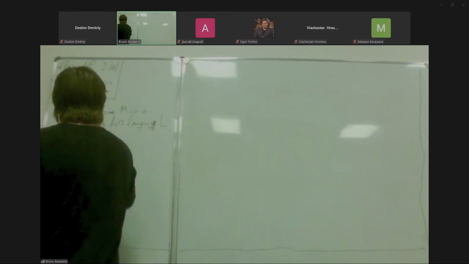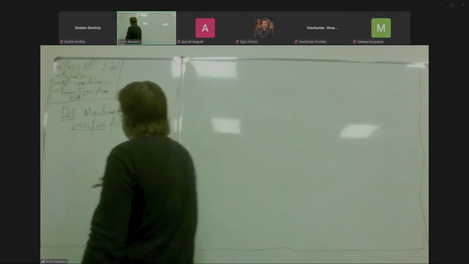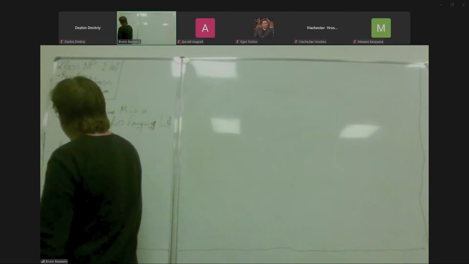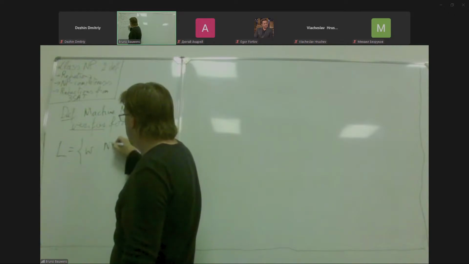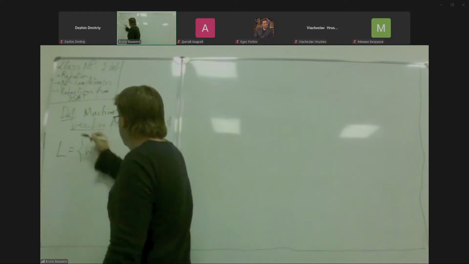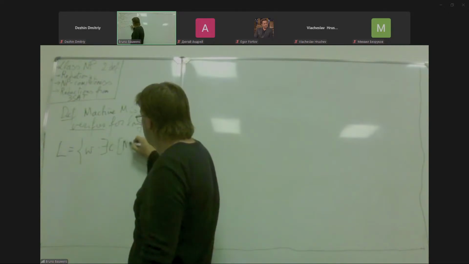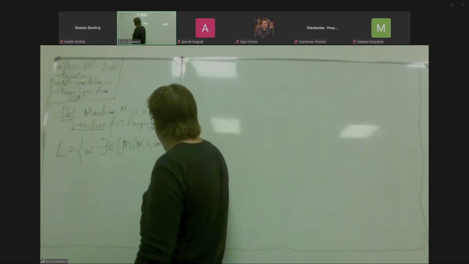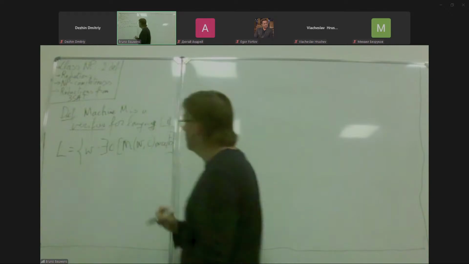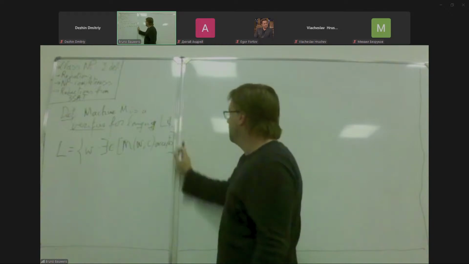M is a verifier for the language L if L is equal to precisely those inputs for which there exists a certificate so that the machine accepts the certificate.